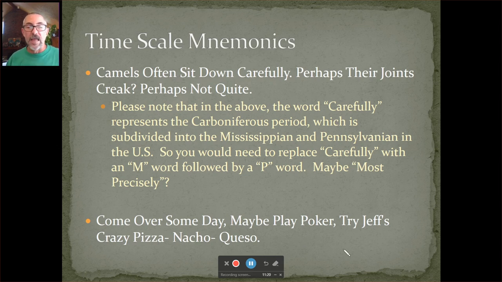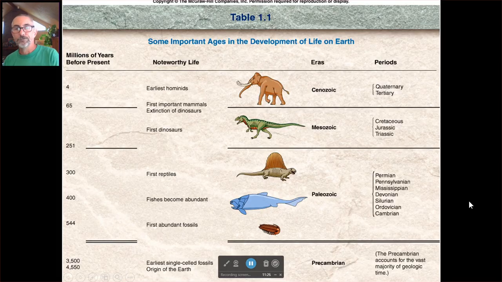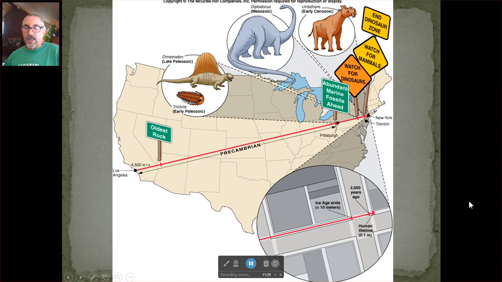Most of the stuff in this time scale happened well into the past, long, long ago. One way to look at this is that if you had the Earth's entire history from beginning to end as a trip from Los Angeles to New York, then most of that trip would be Precambrian. In other words, really not a lot going on.